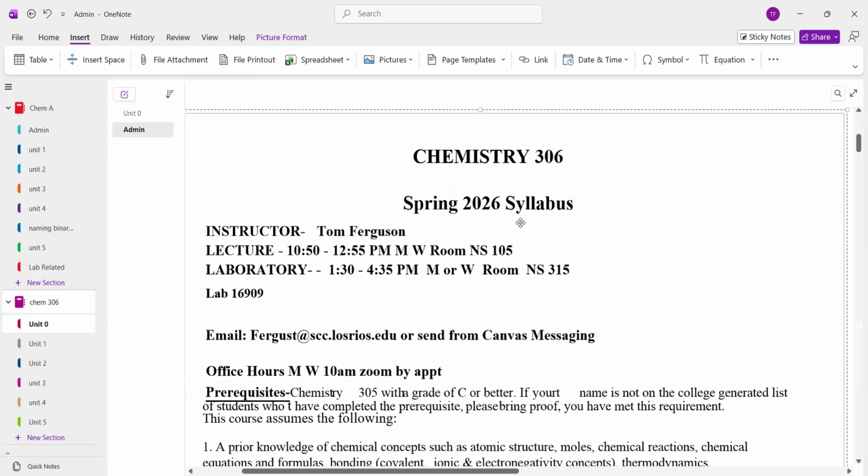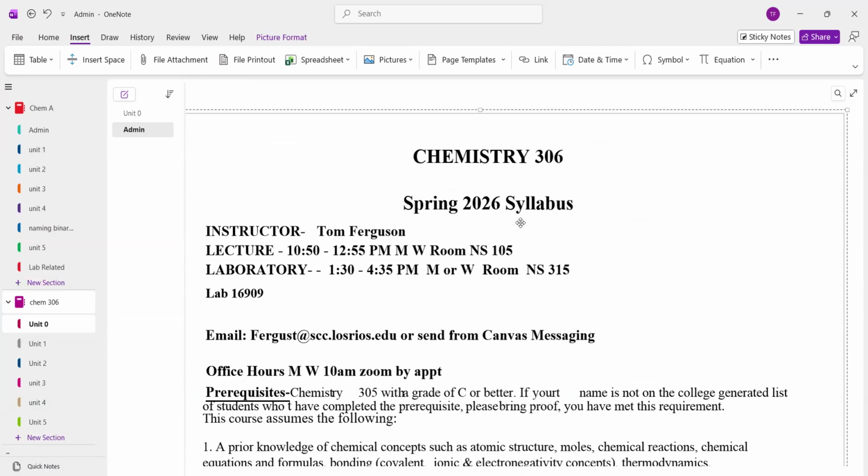And this is my contact information. Lectures are in room 105. I'm not sure how close the prior class is to my starting time of 10:50. If it's close, sometimes it's kind of a pain. It's a shuffle of one class going in, the other class coming in.